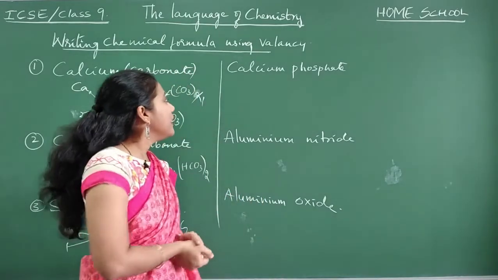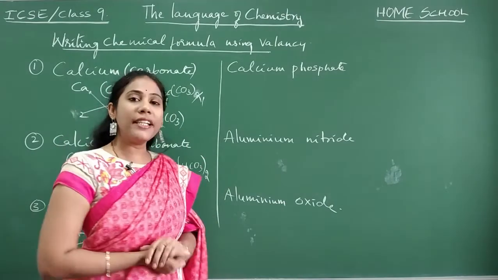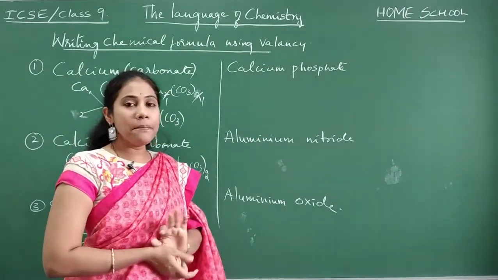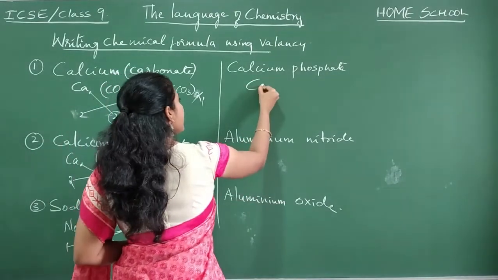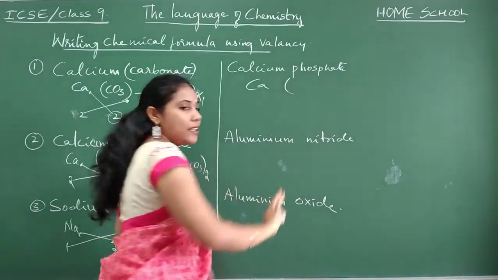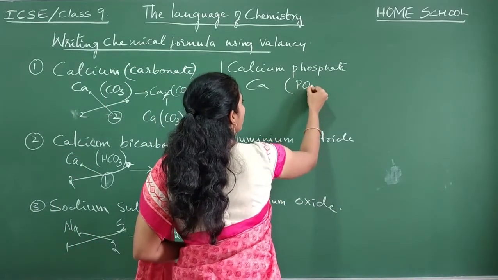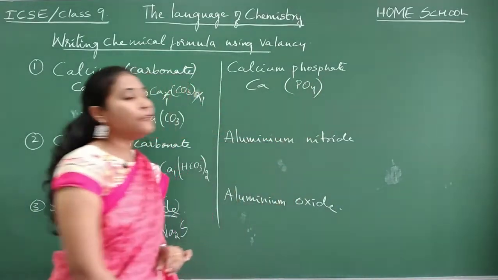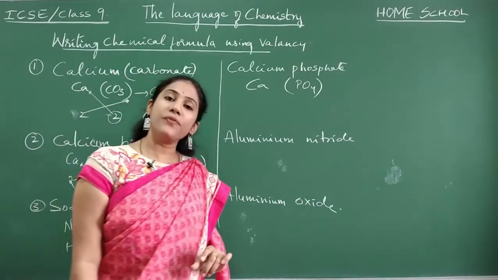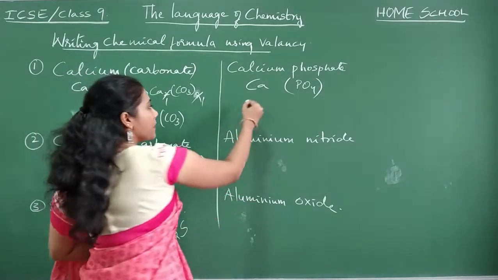Fine. And how do you write its formula? Same old story, guys. Write their symbols. Calcium symbol is Ca, and phosphate, again, is a polyatomic group. Phosphate in the sense PO4. The PO4 group is called the phosphate group. Now write their valencies below.